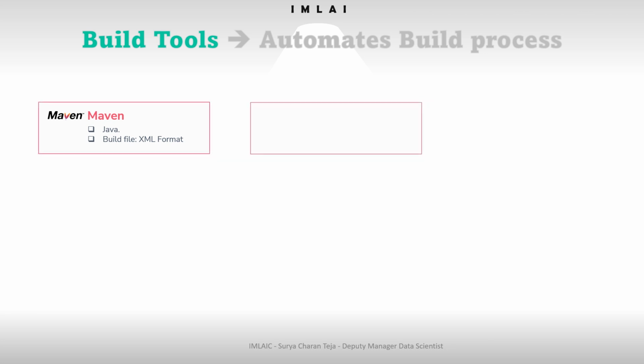Whatever activities you have to do, you mention in the XML file as orders or commands, and it will execute all these steps. The entire build process is automated using the Maven tool, which takes an XML format file, and you don't need to run them manually.